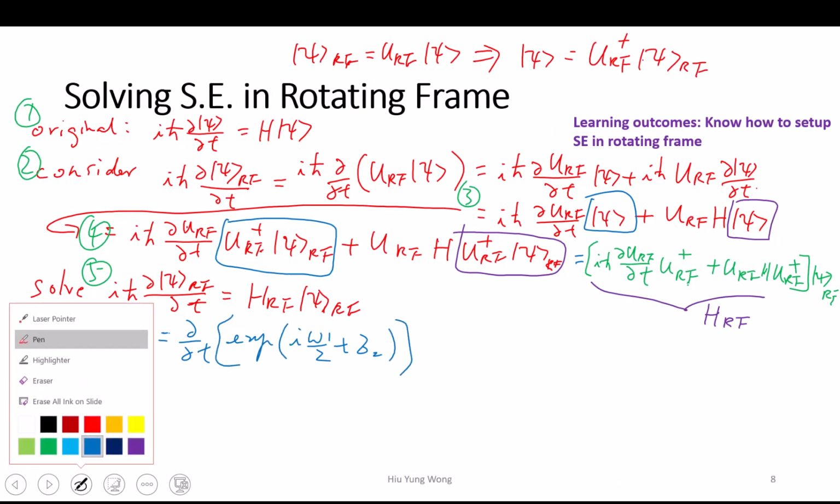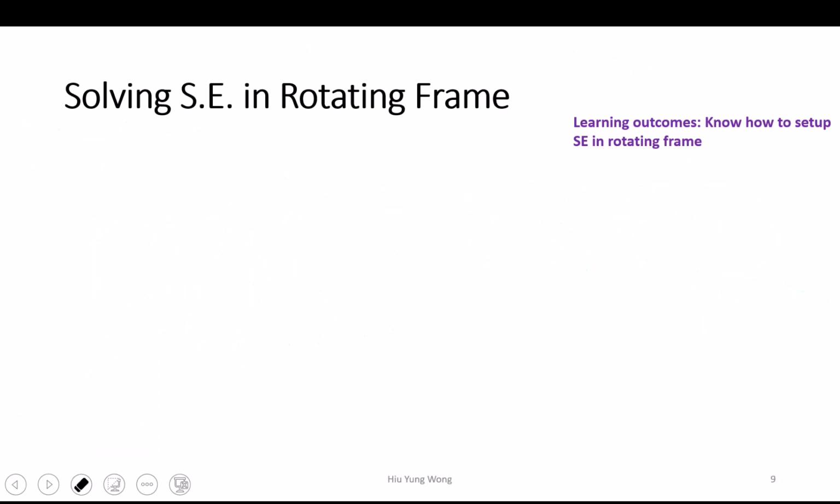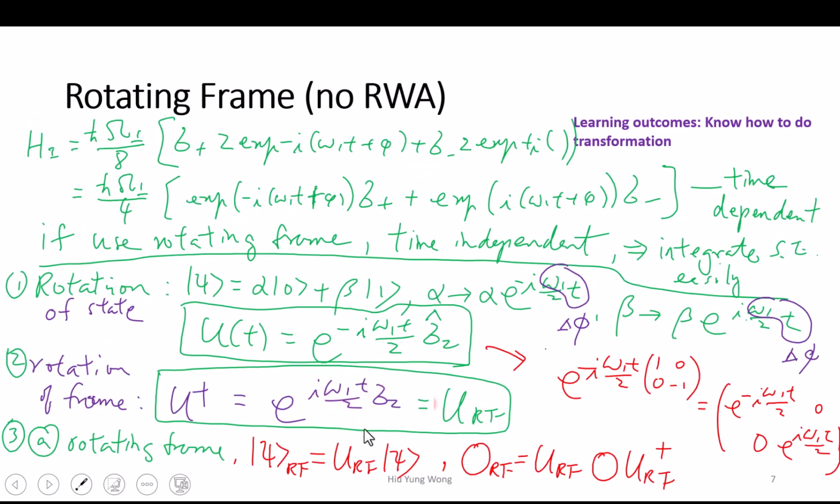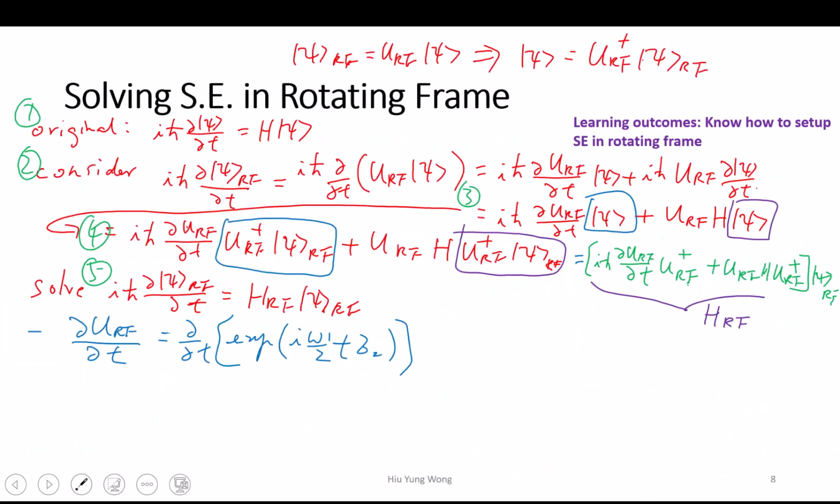Are you okay with how I substitute here? Because this is U_RF, which we found before: U_RF equals e to the power i omega 1 t divided by 2 sigma z. So when you do a differentiation, what do you get? Because it's diagonal, it's very easy.